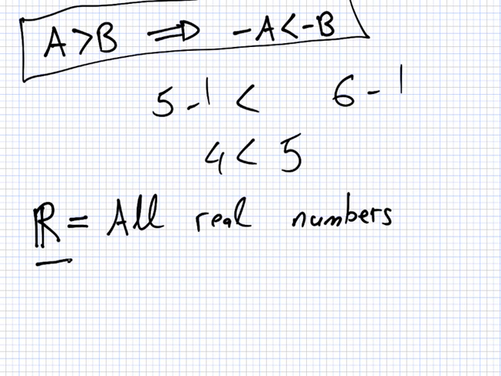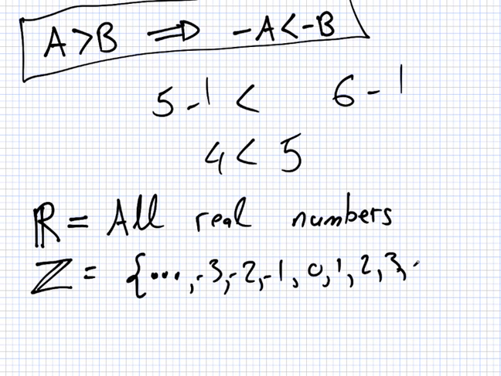The next one, Z, is called integers, and these are all the numbers, minus and positive: dot, dot, dot, -3, -2, -1, 0, 1, 2, 3, etc. These are the integers.